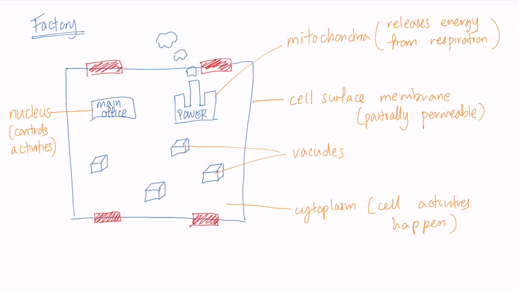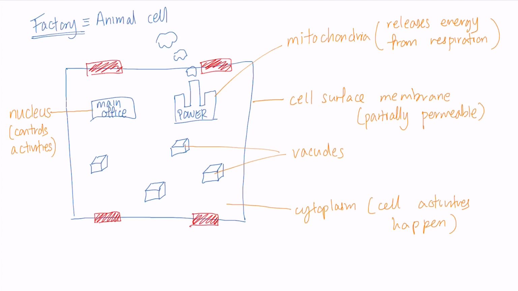So this entire example that I gave you will be more or less like an animal cell, because within an animal cell, you have all these structures that you see over here. But what about in the case of a plant cell? Now, how will a plant cell differ from an animal cell? I would like you guys to go and try to draw out how you would imagine a factory that's supposed to represent a plant cell should look like.